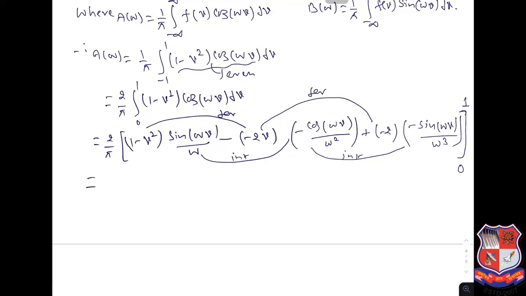Okay, so this is equal to 2 over pi. Now we take the limit, upper limit 1. So here if I put upper limit 1, so this is 0, then upper limit 1, so v is 1.